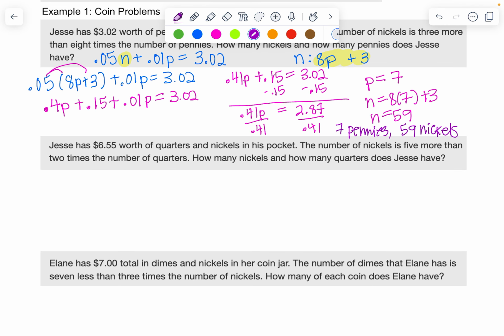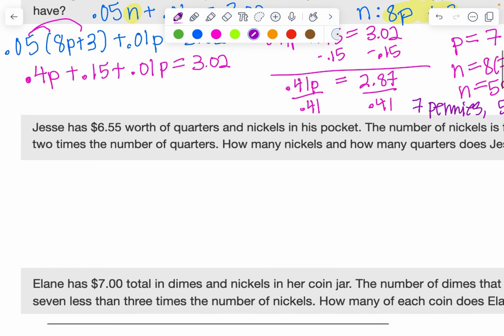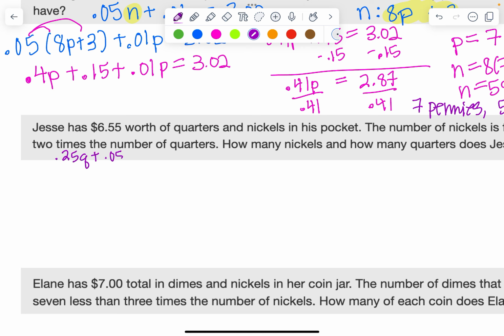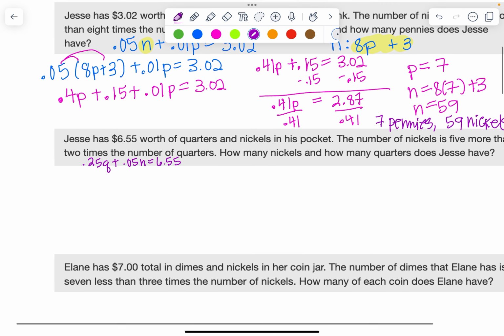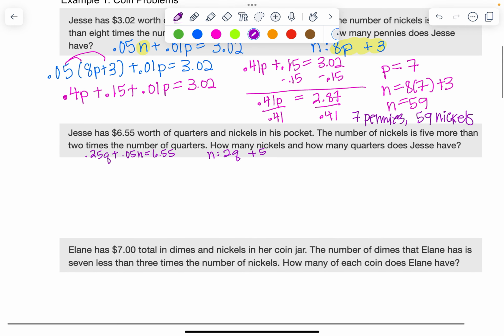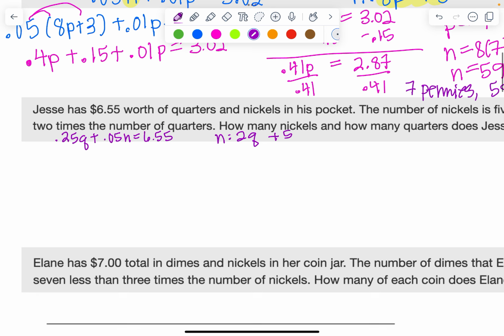All right, Jesse has $6.55 worth of quarters and nickels. So 0.25 times the number of quarters plus 0.05 times the number of nickels is $6.55. The number of nickels is 5 more than 2 times the number of quarters. So how many nickels and how many quarters does Jesse have?